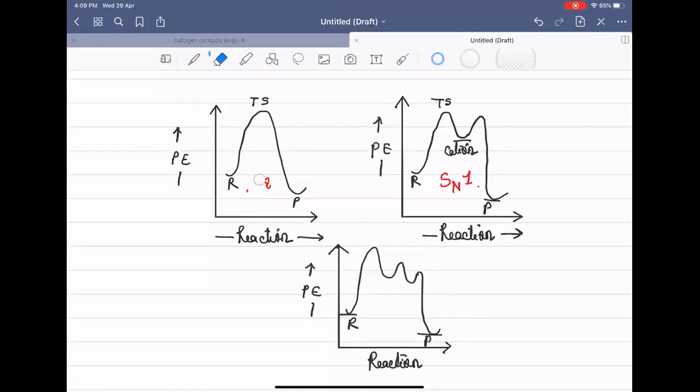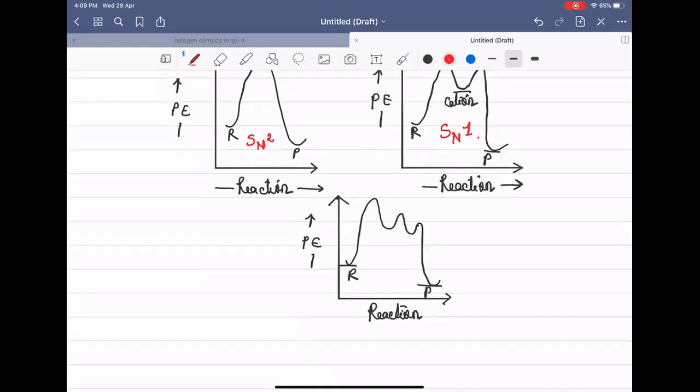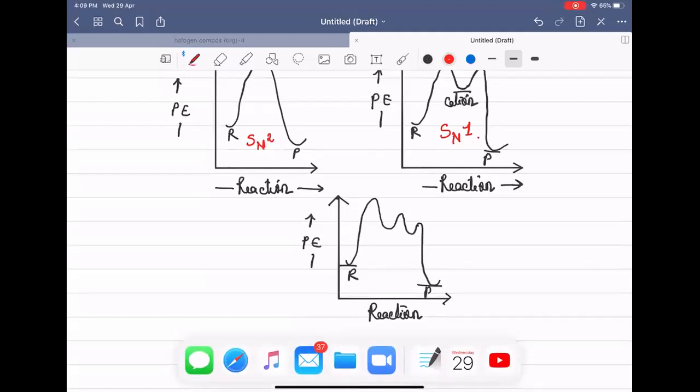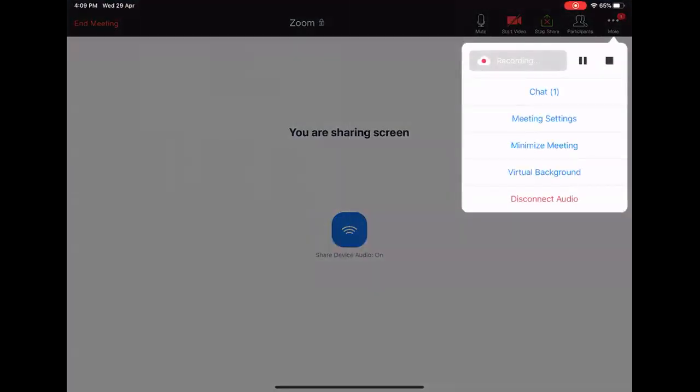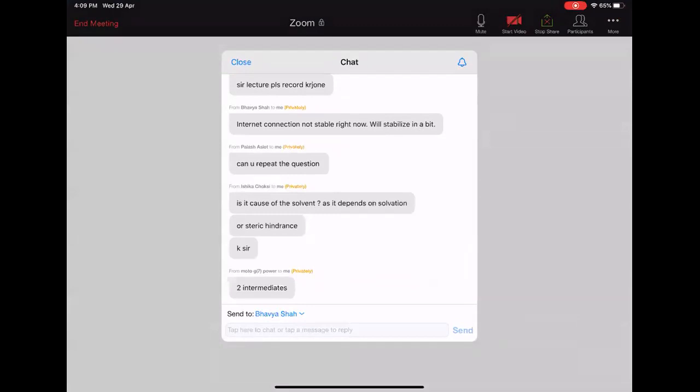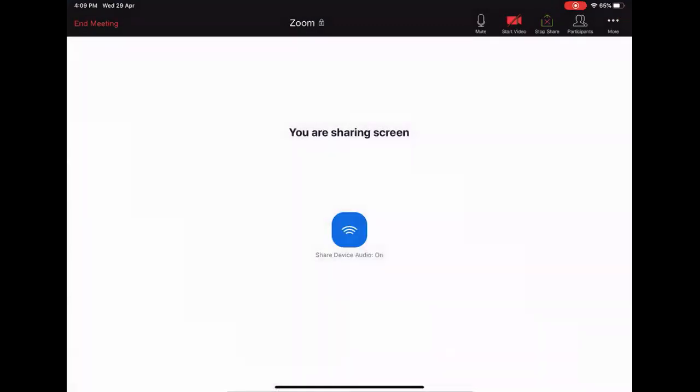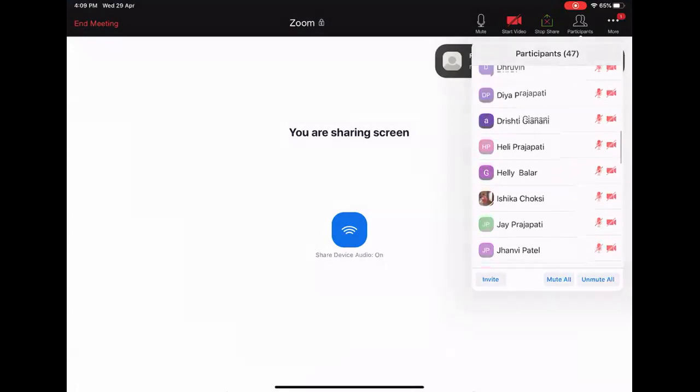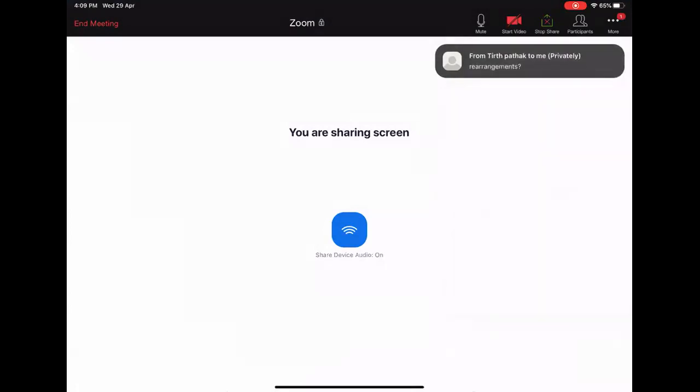What does this represent, the third one? If this is very clear, how many intermediates are there? There are two intermediates, okay? And there are three transition states. Please tell me how this goes. Anyone who can answer this? Two intermediates. I'm coming to that. I still need one more explanation.